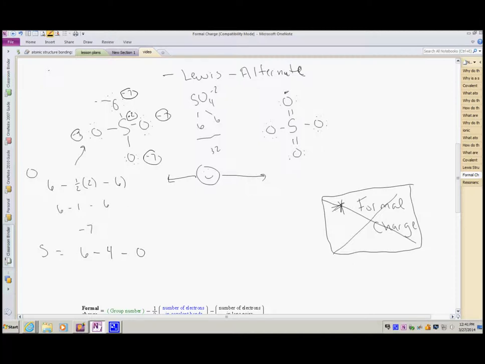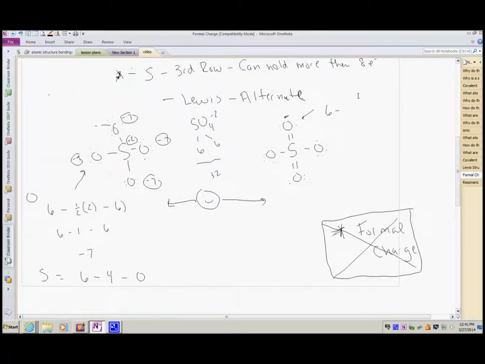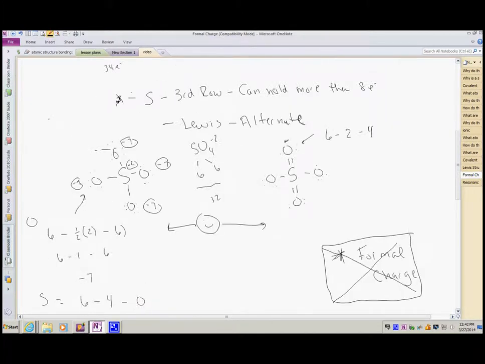All right, now let's do this guy. The oxygen. Now this oxygen right here is going to be 6 minus the number of covalent bonds. There's 2 of them there. So 6 minus 2 covalent bonds, minus, again, actual number of electrons would be 4. 6 minus 2 is 4, and 4 minus 4 equals 0.